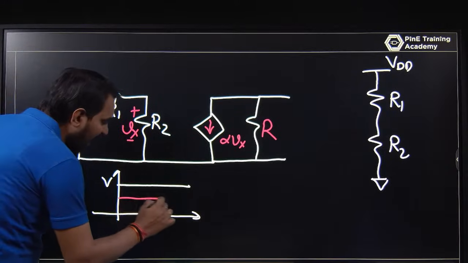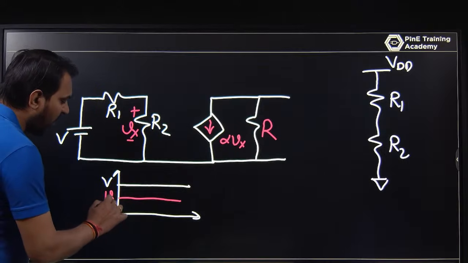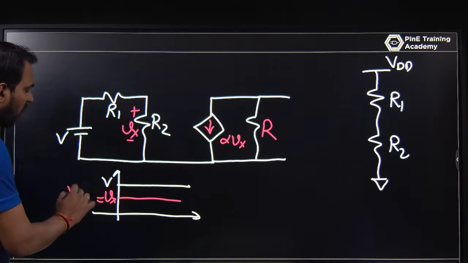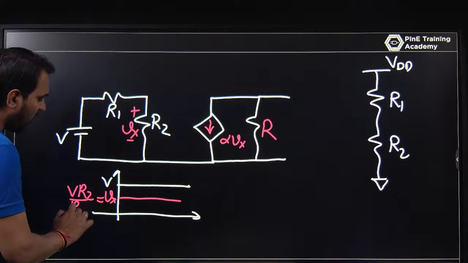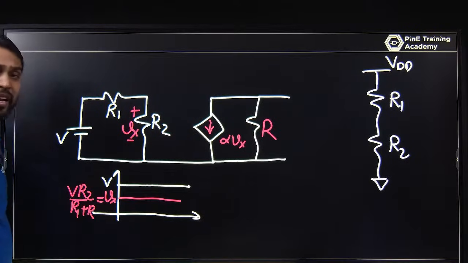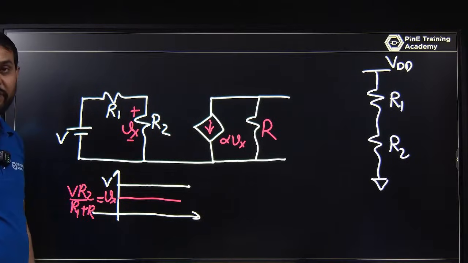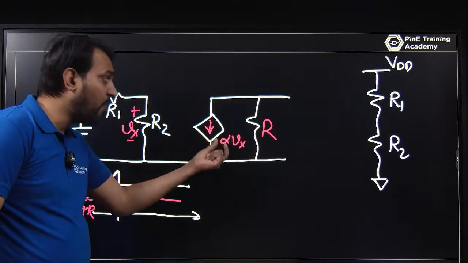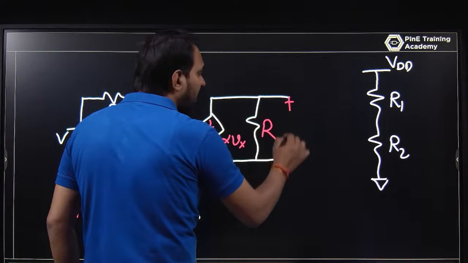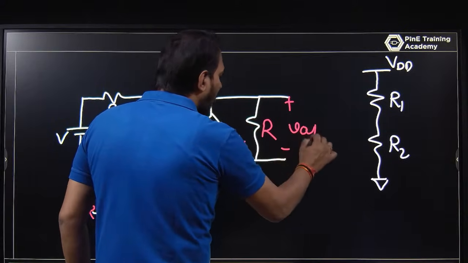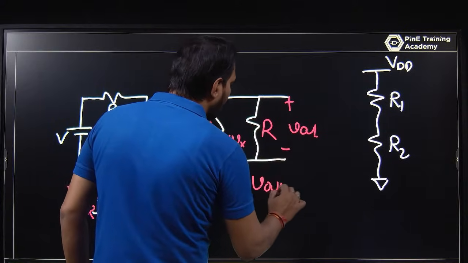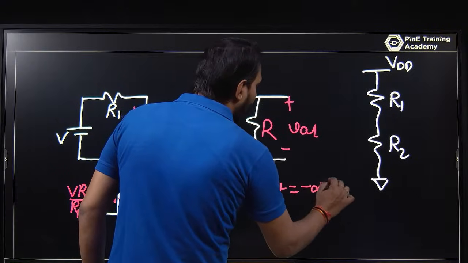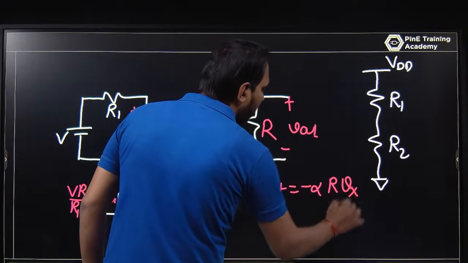Vx will be V times R2 upon R1 plus R2. It is less than V and can never be greater than that. But the factor alpha will decide the output voltage. What is Vout? Vout is minus alpha R times Vx.